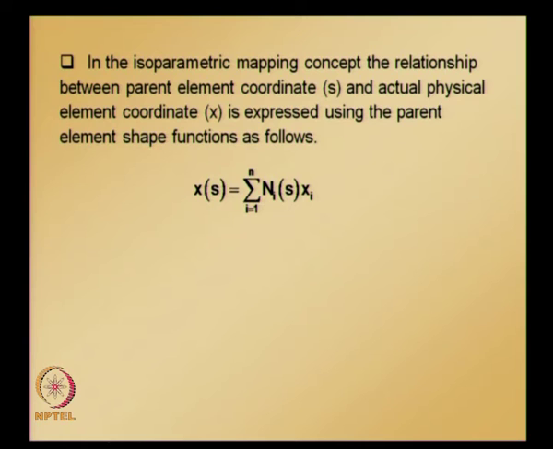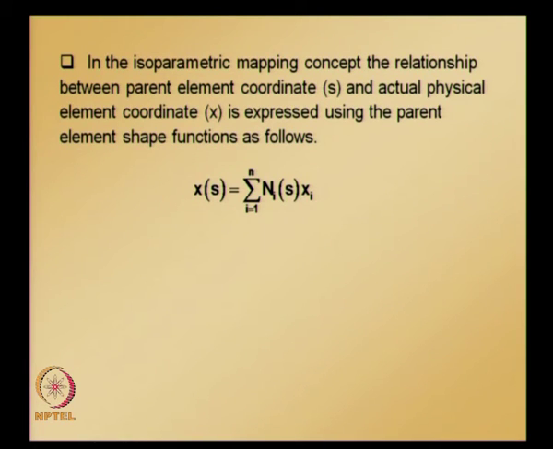If you recall, for a 2 node linear element, earlier we derived the relationship between x coordinate and s coordinate using the formula for linear interpolation, but we can also derive that relation using shape functions of the parent element, using the expression given here: x is equal to the sum over i taking values 1 to n, of Ni xi, where n is the number of nodes, Ni is the shape function, xi is the location of these nodes.